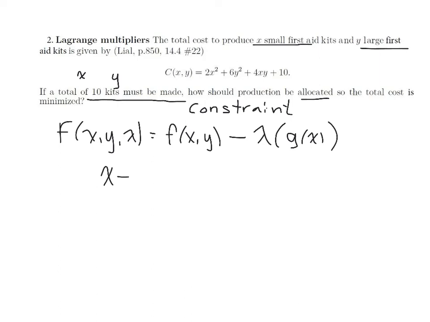Our constraint is going to look like this. The number of small kits plus the number of large kits must equal 10. For use in this Lagrange function, we have to represent the constraint function as equal to 0. So it's going to be 0 equals x plus y minus 10.